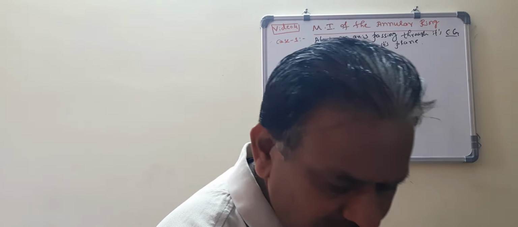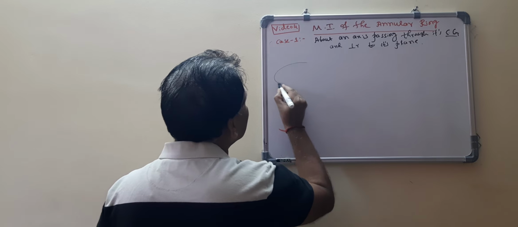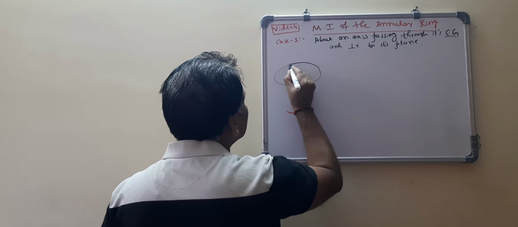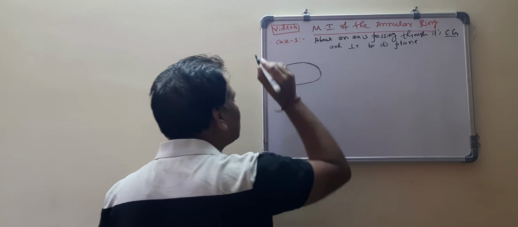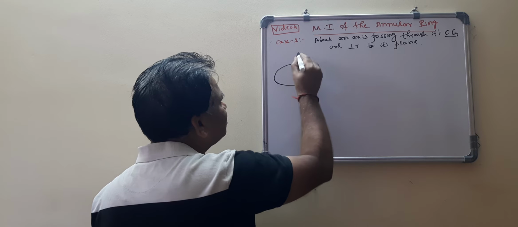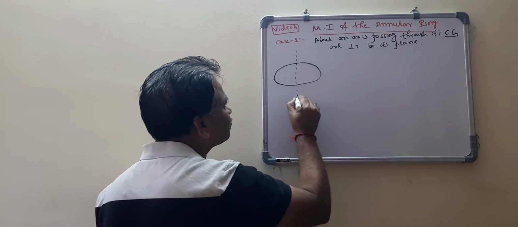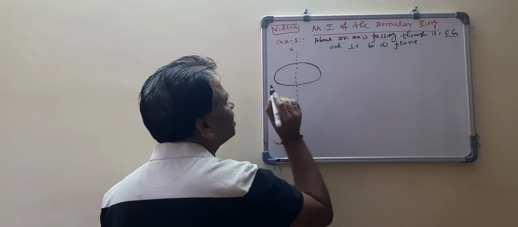Now I am considering this ring. Here one axis passes, which I will call x dash.